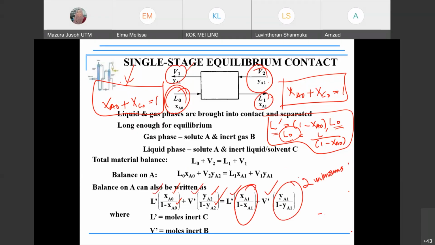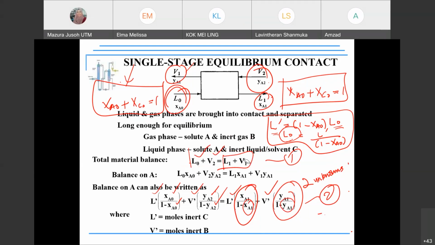So when you solve simultaneously with this equation 1, let's say, and this equation 2, you will be able to solve for XA1 and YA1. You usually will have a number for that.